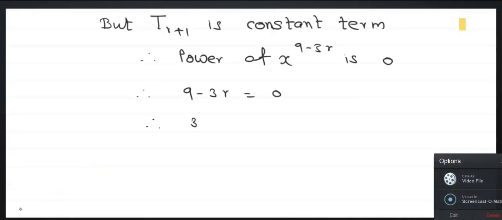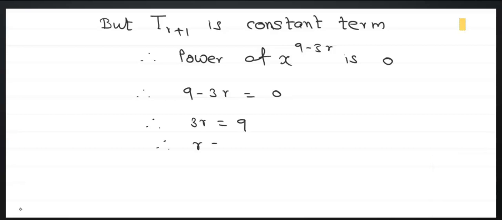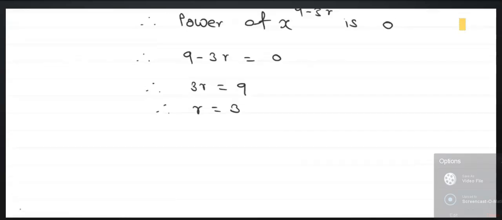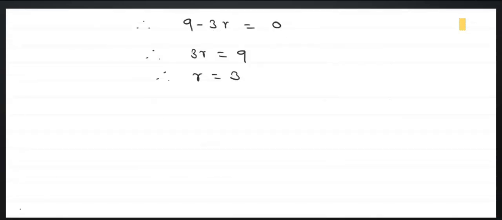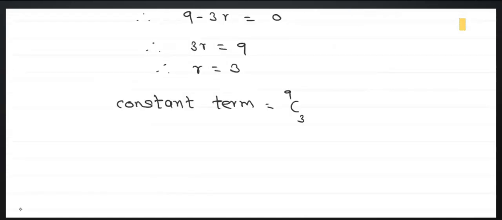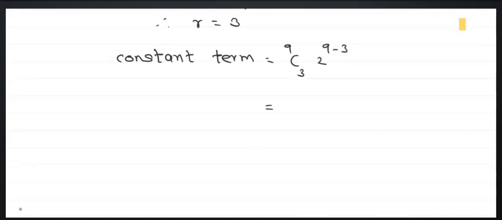Therefore, 9 minus 3r equals 0. Therefore, 3r equals 9. Therefore, r equals 3. This is important. Therefore, the constant term equals 9C3.